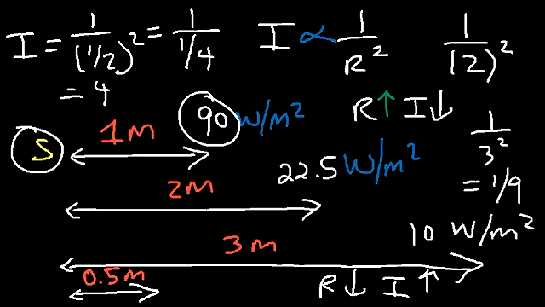So it's going to increase by a factor of 4. So it's going to be 360 watts per square meter. And it makes sense because as you move closer to the source, it's going to sound louder. If you're at an event with music being played, as you walk towards the speakers, it's going to sound louder. As you move away from the speakers, the intensity will be reduced.